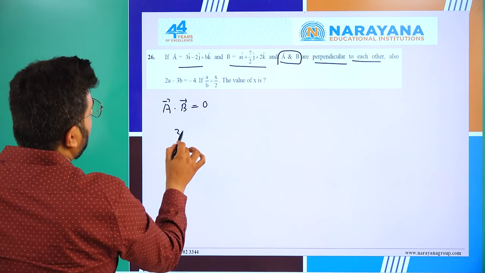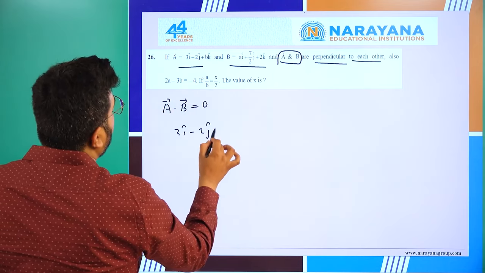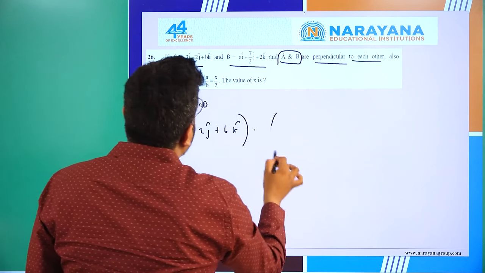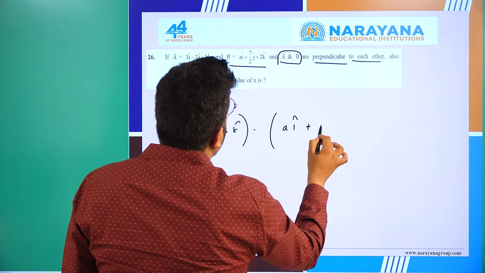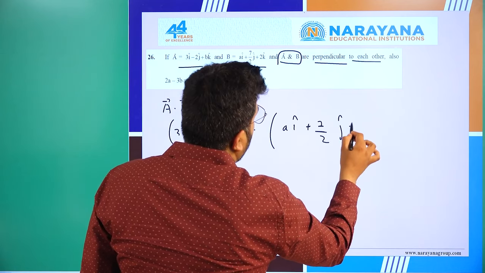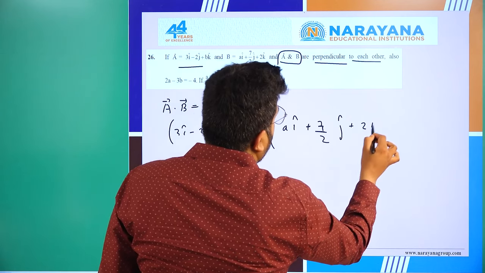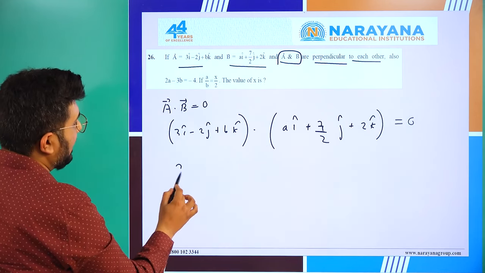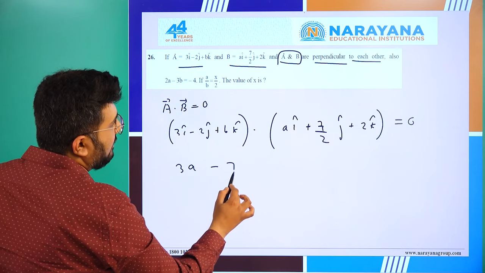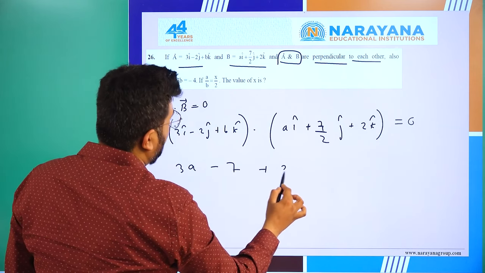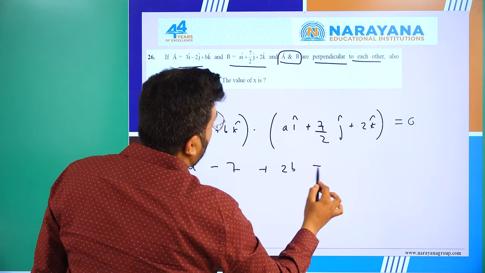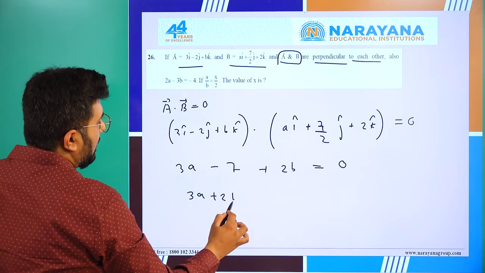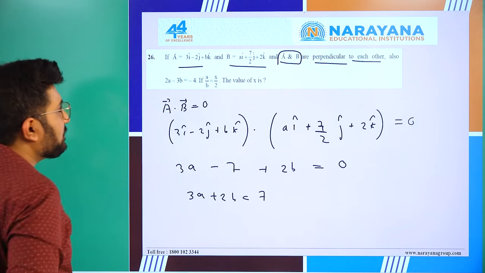So I'll get (3i cap minus 2j cap plus bk cap) dot (ai cap plus 7 by 2 j cap plus 2k cap) equals 0. So when I solve it, I'll get 3a minus 7 plus 2b equals 0, or 3a plus 2b equals 7.